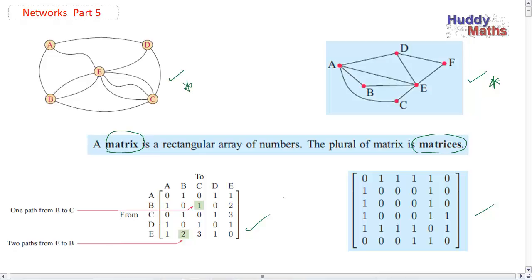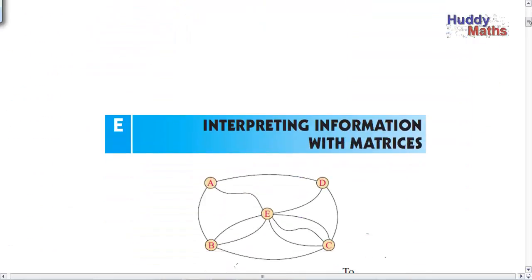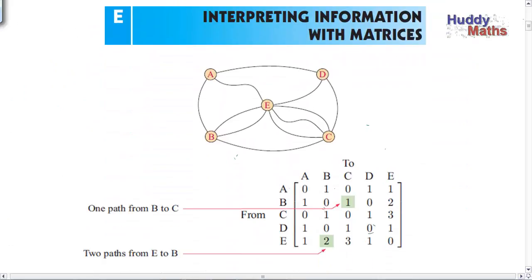Come down and let's have a look at this conversion here, interpreting information with matrices. Matrices are arrays of numbers, remember, and it's better from a technology point of view in handling those networks, rather than drawing them on a computer, which is not very easy. It's easier to use this form.